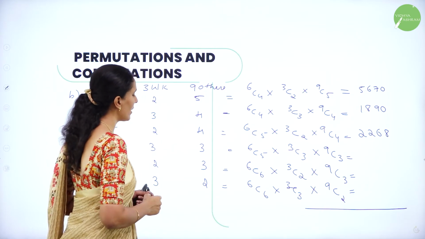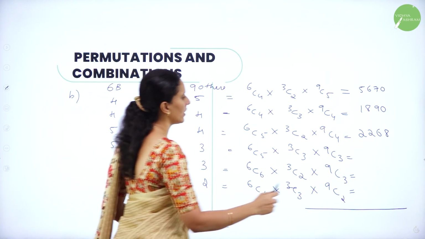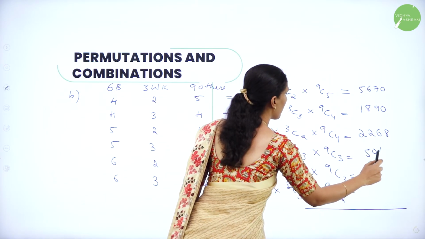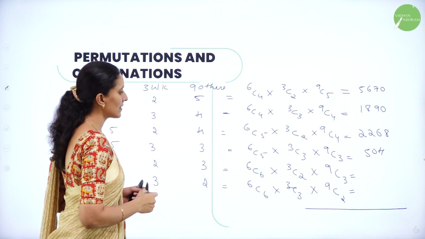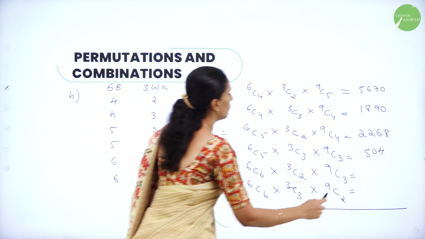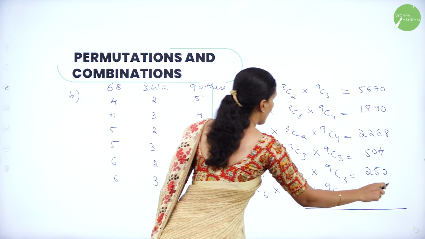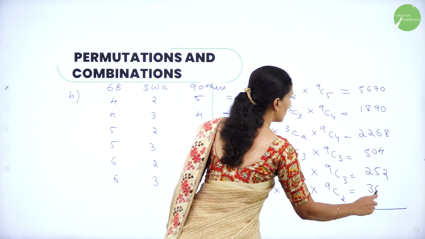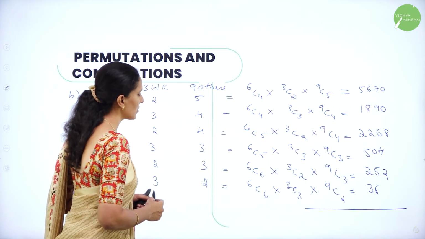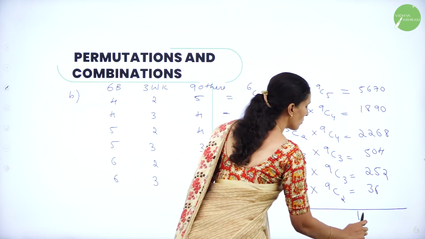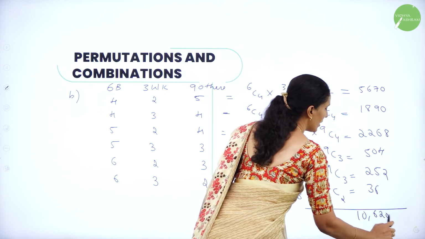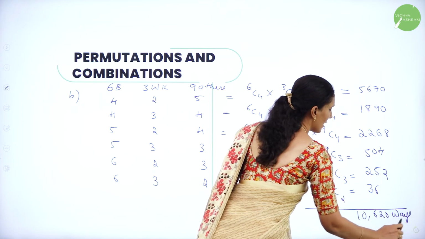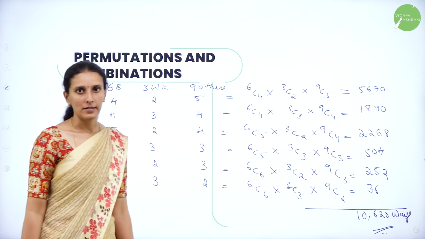Next, for 6C5, 3C3 and 9C3, we have 504. Next, 6C6, 3C2, 9C3, we have 252. And 6C6, 3C3, 9C2, we have 36. So by adding all the things, we have total 10,620 ways of selecting the cricket players.